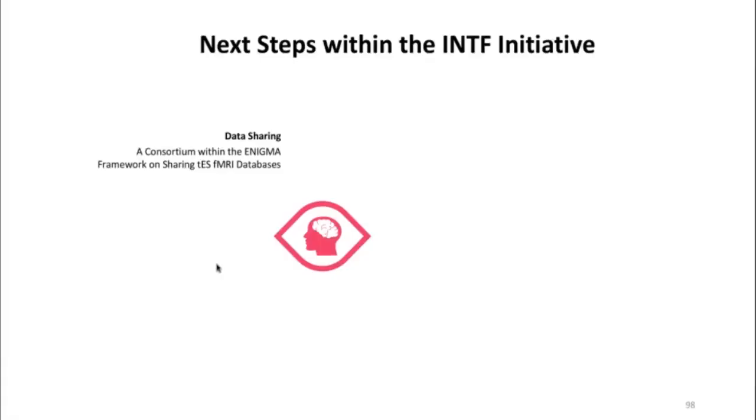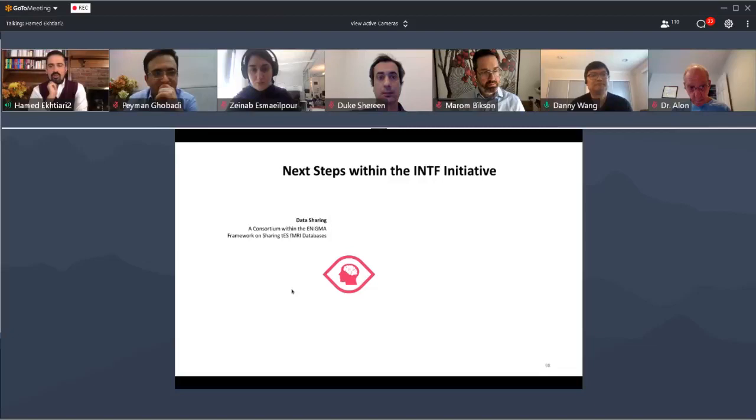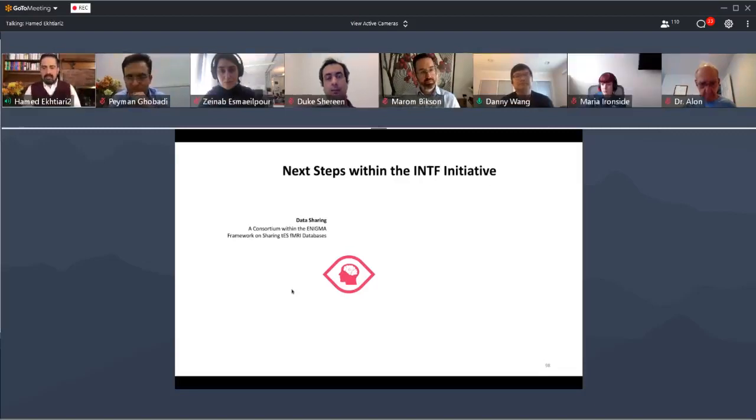So we have been in touch with people within the ENIGMA Consortium. The ENIGMA Consortium is trying to put people together and convince them to share their fMRI databases in different disciplines. For example, we are already collaborating with a specific working group we call the ENIGMA Addiction Working Group. We share our database within that consortium, and we have publications with something like 1,000 subjects from different labs.